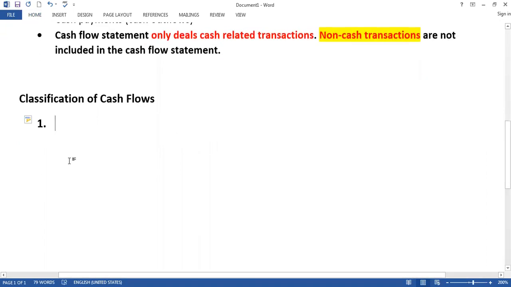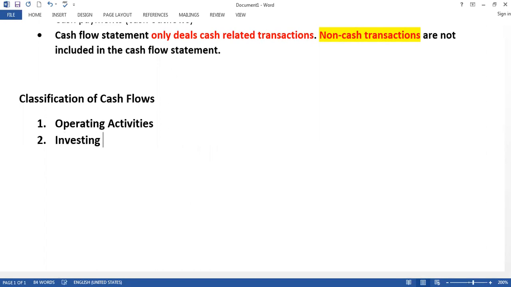The first one is called operating activities. Then the second one is called investing activities.